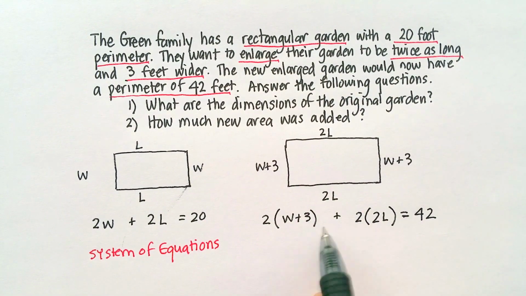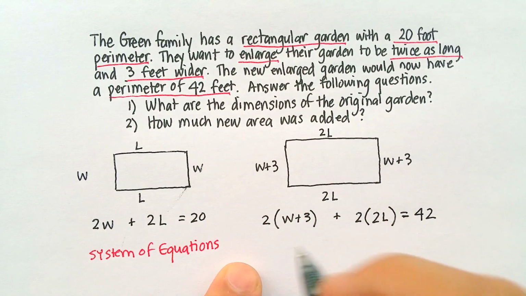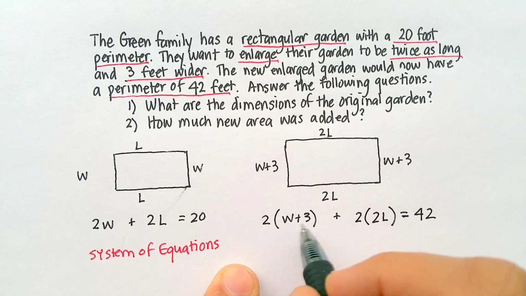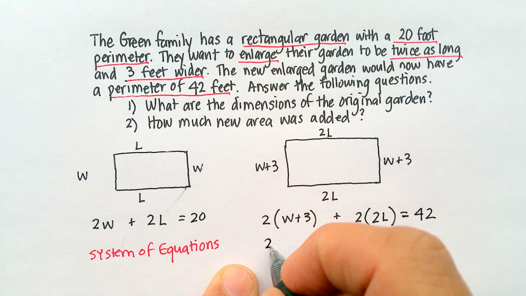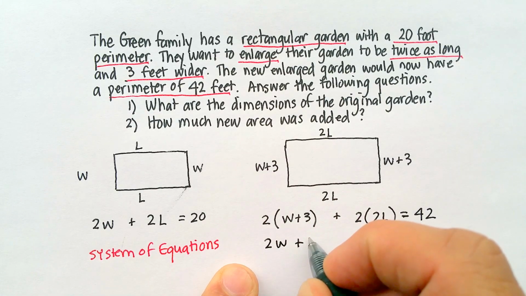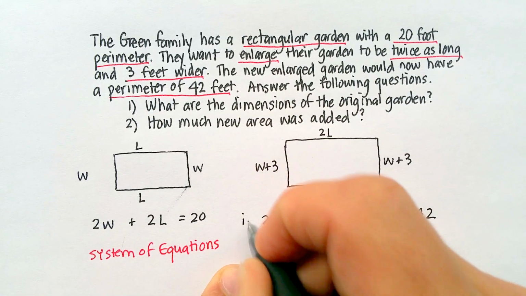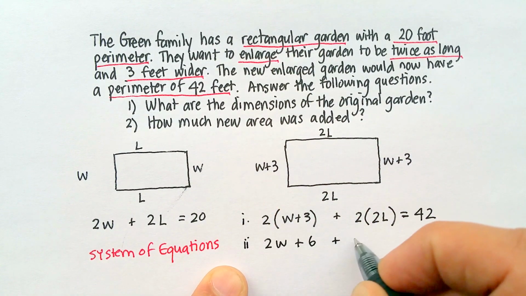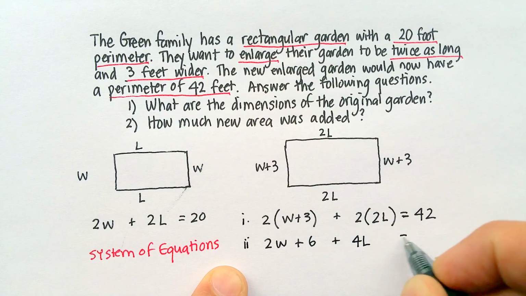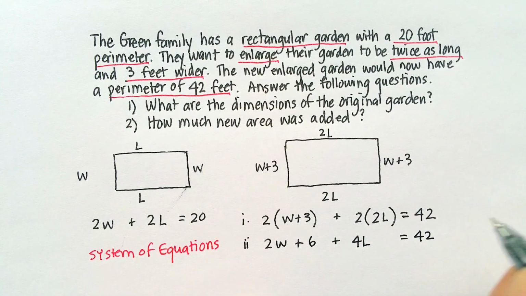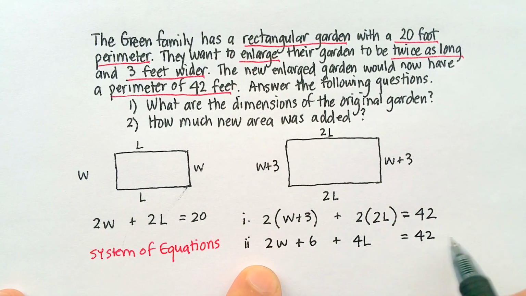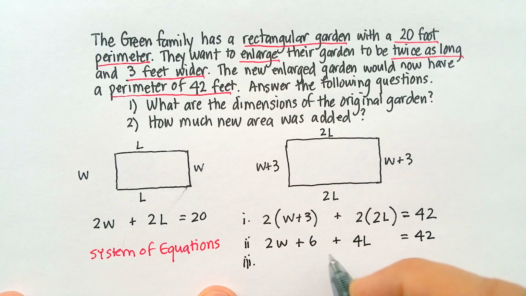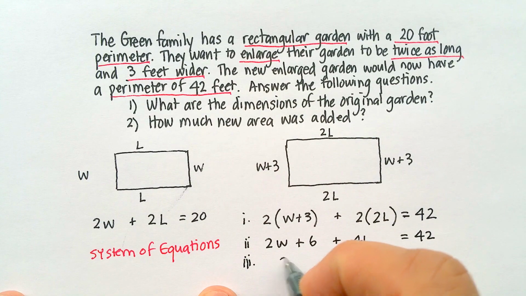I'm going to actually just do a little bit of work over here first and write it out into a simplest form. So I know that 2 times W plus L is actually just 2W plus 6. I'm just going to distribute the 2, right? Distribute this 2 and I get 4L. That's equal to 42. I'm going to put the numbers on one side, the variables on the other. So I'm going to subtract 6 from both sides.